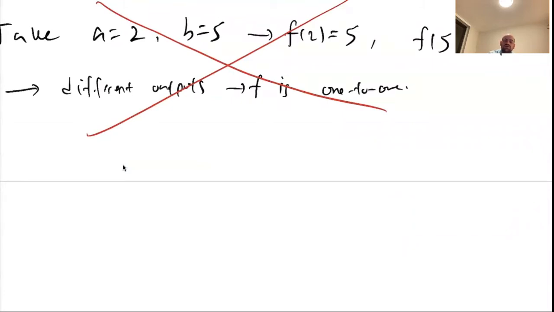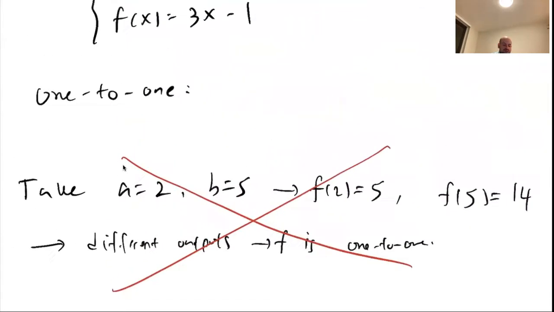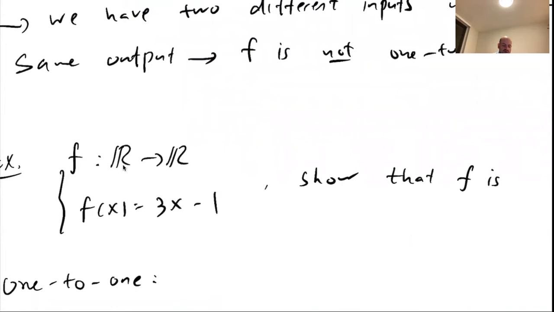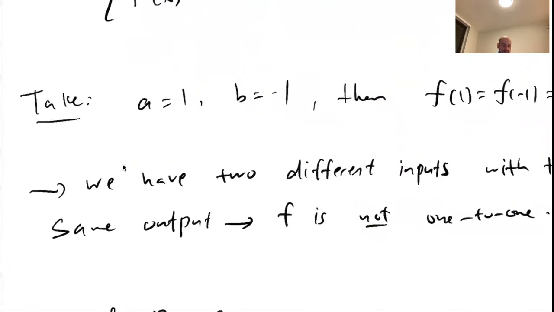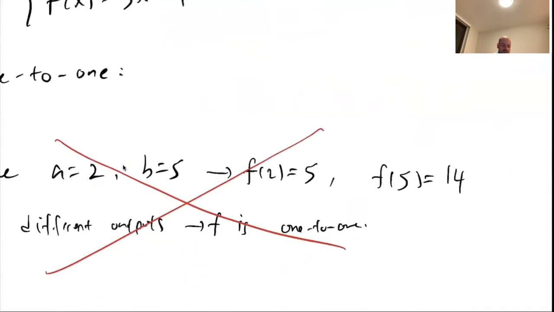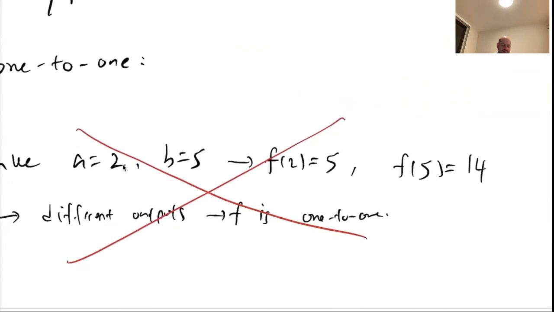But if you want to show something is false, then you can give one example, which is called a counterexample. The previous one, we wanted to show that the function is not one-to-one, so we gave one example of two inputs with the same output. But here we want to show that the function is one-to-one, so the proof has to be in general, not with examples.